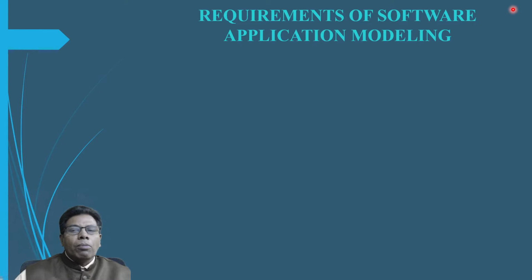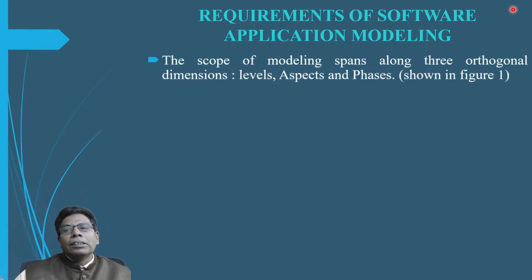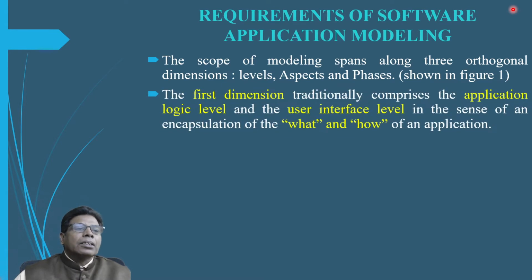The scope of modeling spans along 3 orthogonal dimensions: levels, aspects and phases. So this is shown in figure 1. We'll be showing it in a minute. The first dimension traditionally comprises the application logic level and the user interface level, in the sense of an encapsulation of what and how of an application.